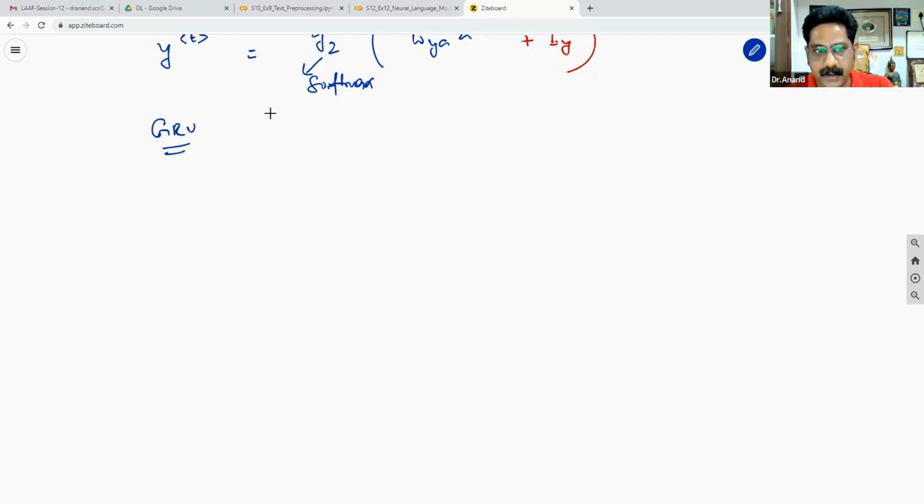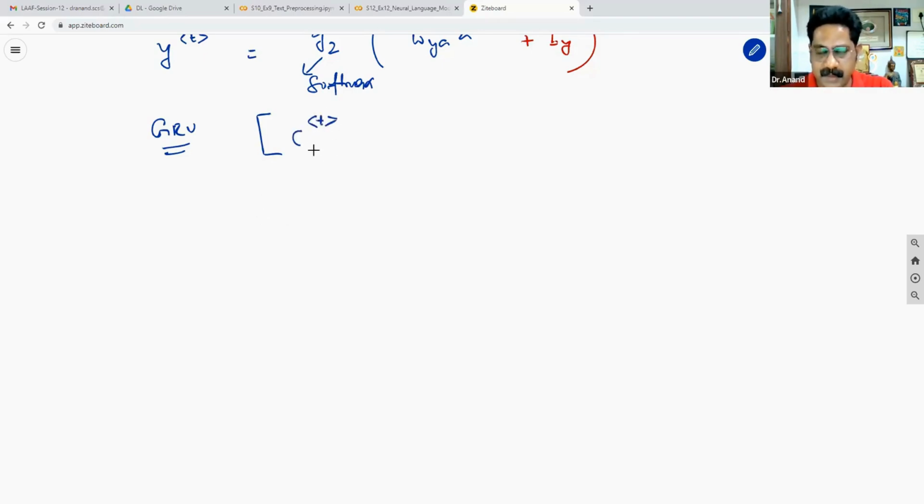However, remember in the gated recurrent unit and LSTM, the memory state is not denoted as A(t). A(t) is the notation used in the classical RNN, whereas the memory state of GRU is indicated as the cell state, C(t) notation.